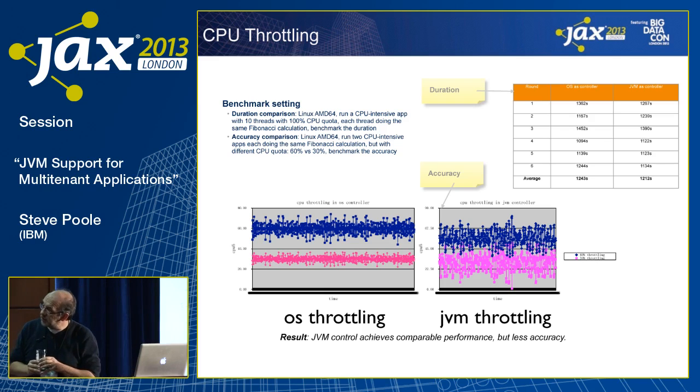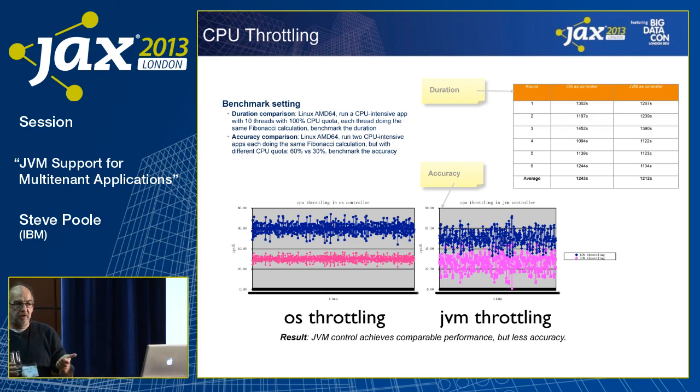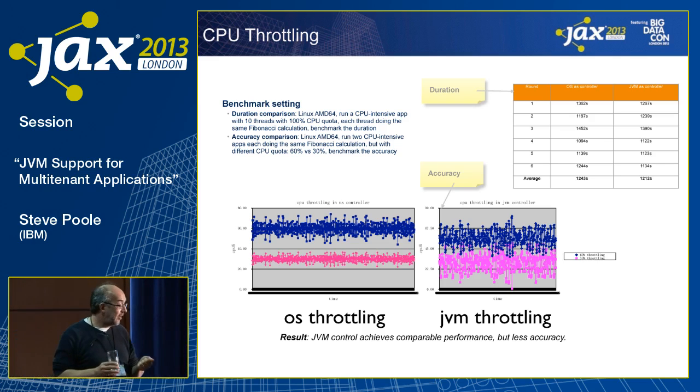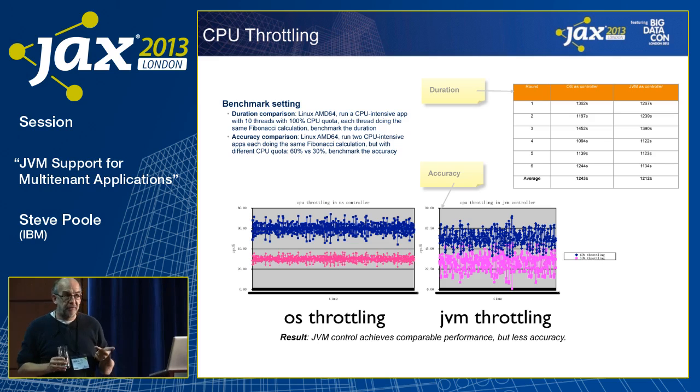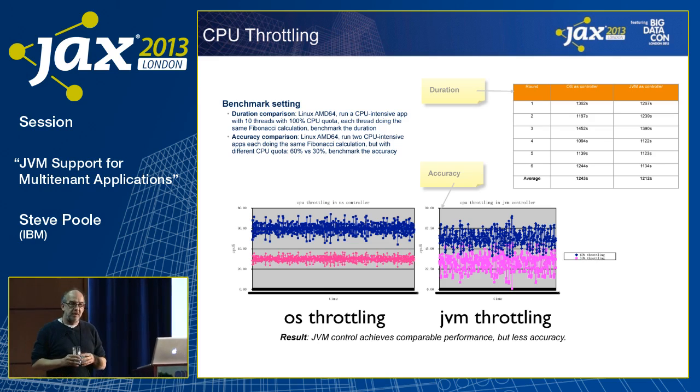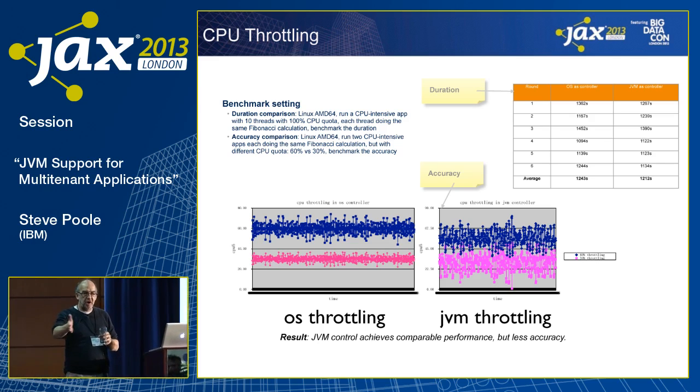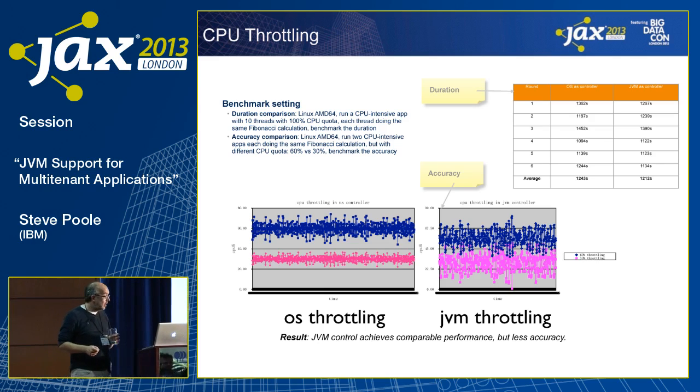The pink line, which is the bottom line, is one tenant restricted to, I think it's 30%, and the blue line is a tenant restricted to 60%. So you get about 100%. So we're saying you get 1/3, you get 2/3 of the CPU resource. The Fibonacci benchmark is doing loads of CPU work, so it's going to drive the CPU as hard as it can.